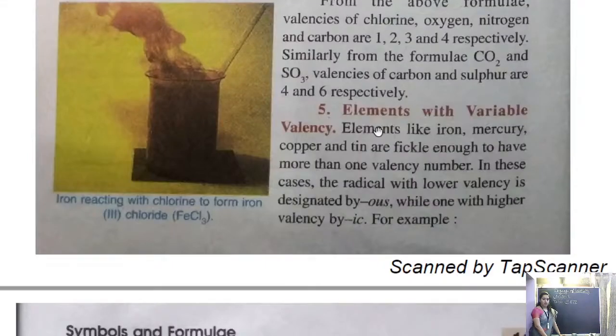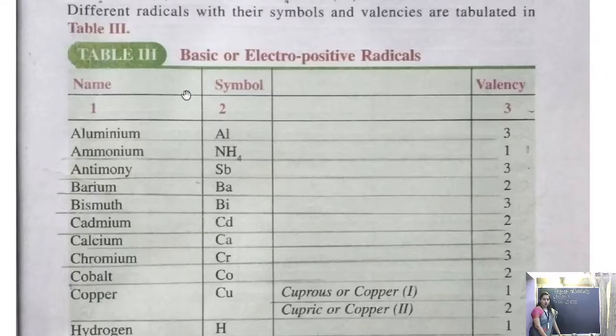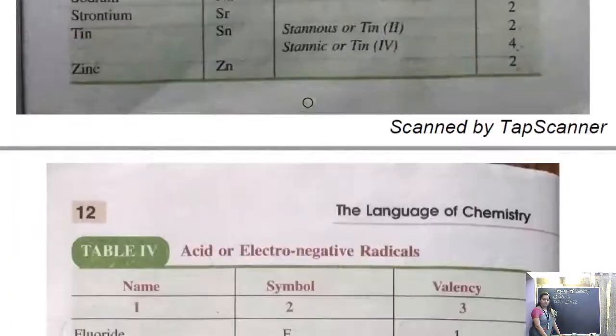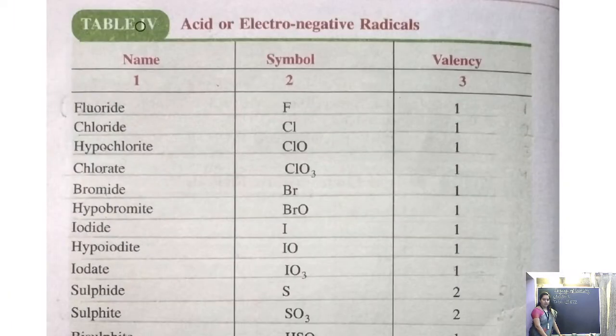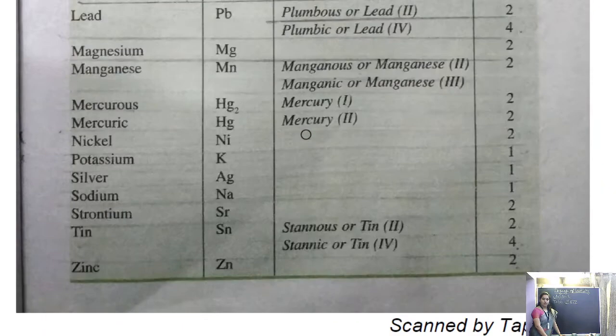Now you will draw table 3. This is basic or electropositive radicals. You have to draw this complete table in your fair notebook. And table number 4 is acid or electronegative radicals. This also you have to draw in your fair notebook.